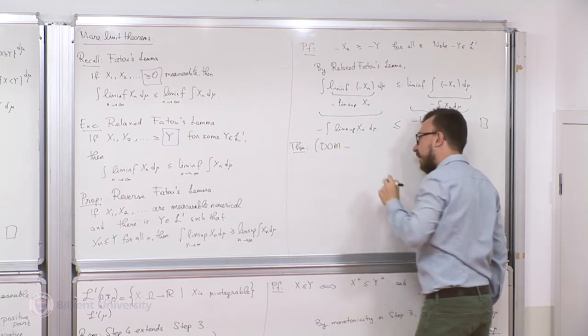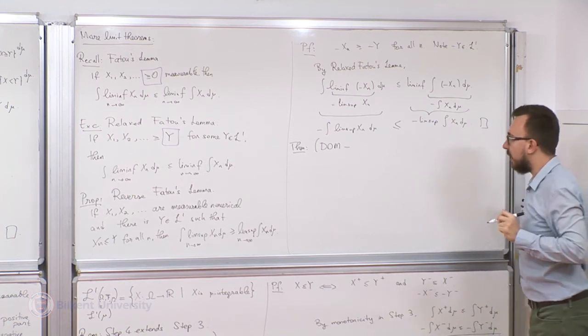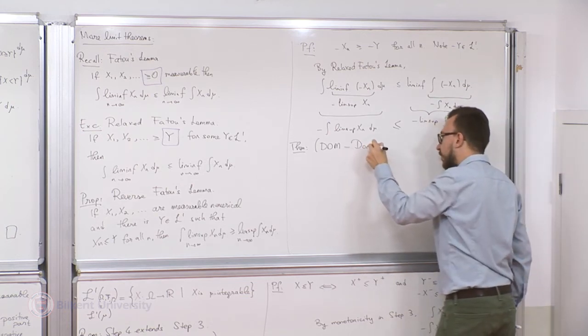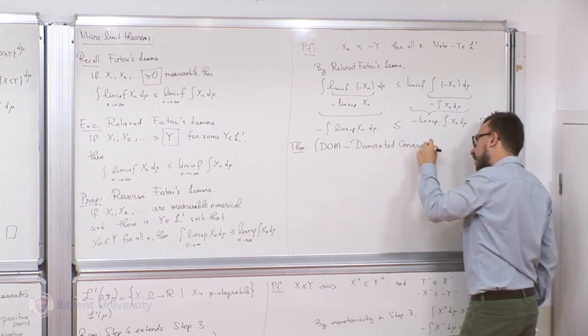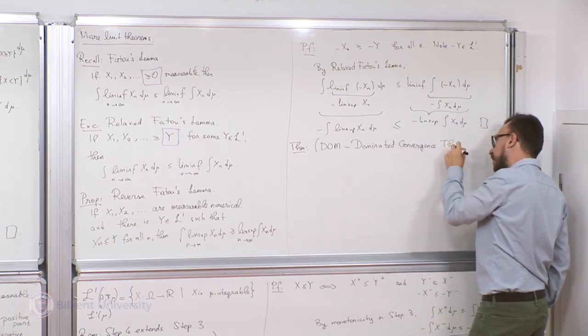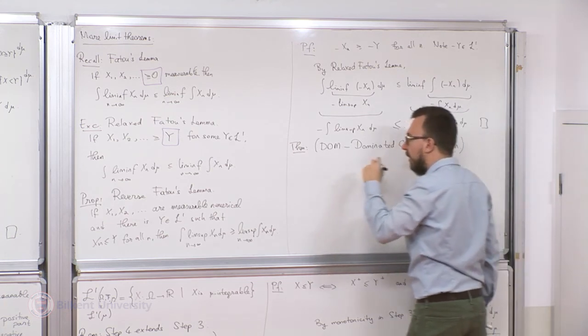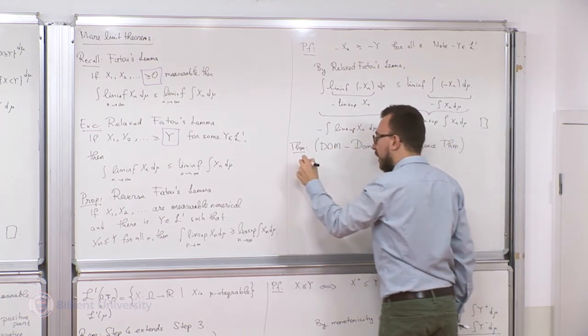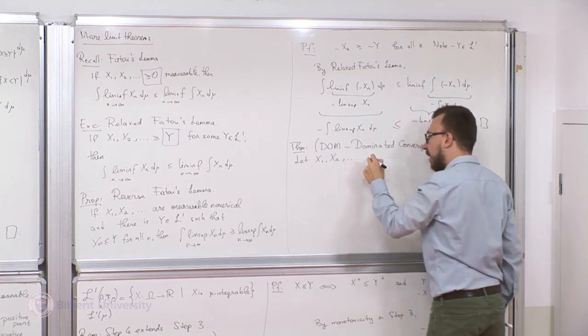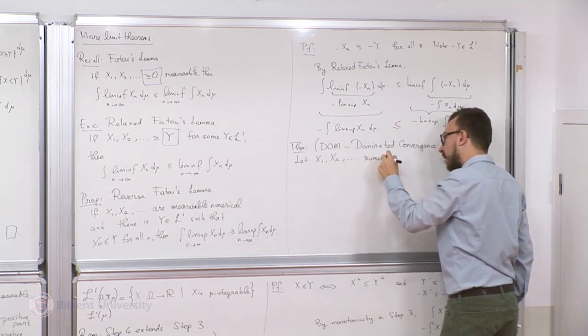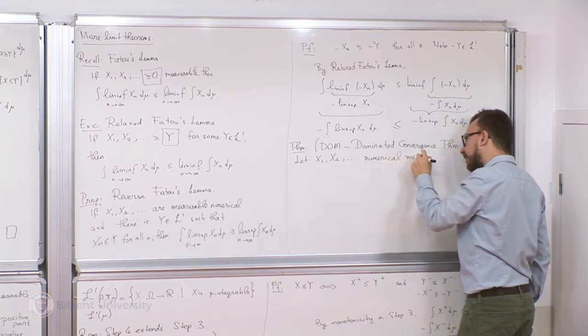Okay, another big convergence result, the dominated convergence theorem. Again, let x1, x2 be numerical measurable functions.